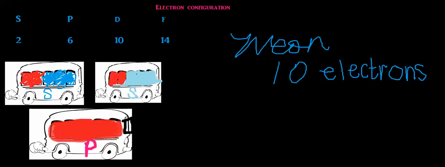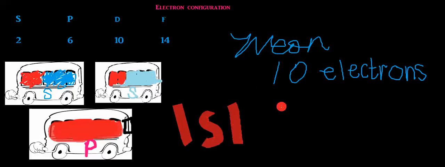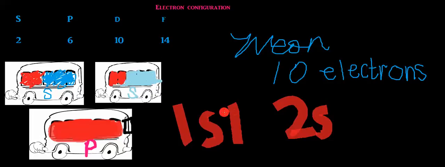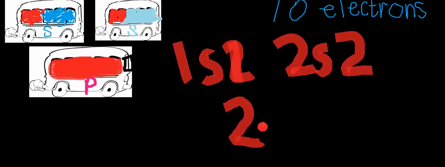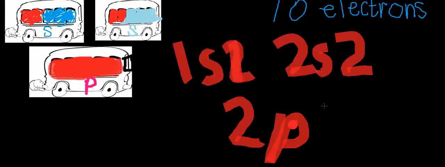So we get 2p6. So our electron configuration would be 1s2, 2s2, 2p6. That would be our configuration.